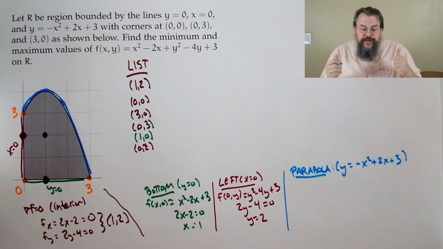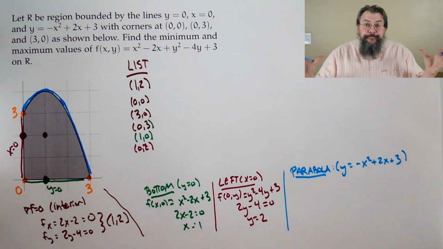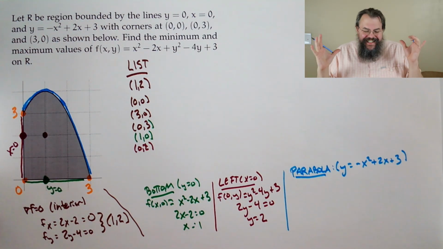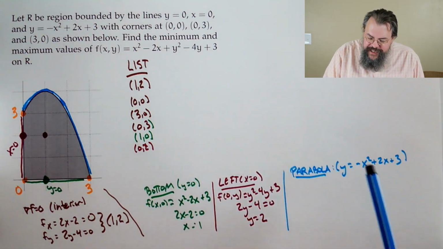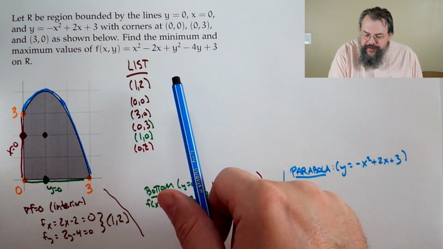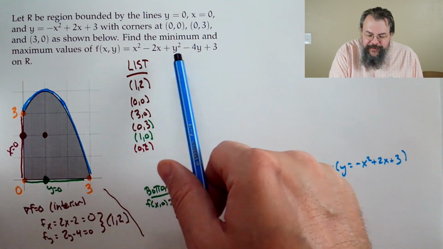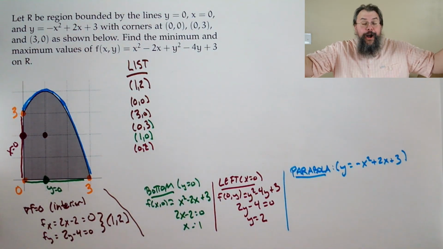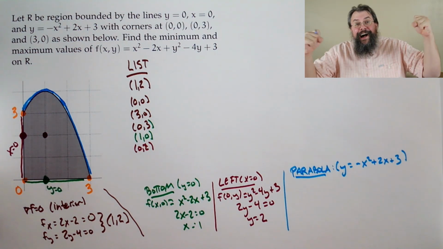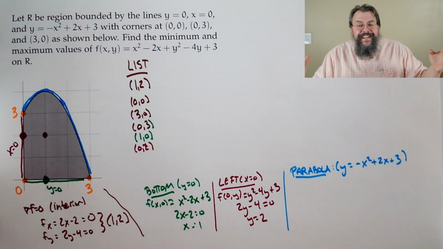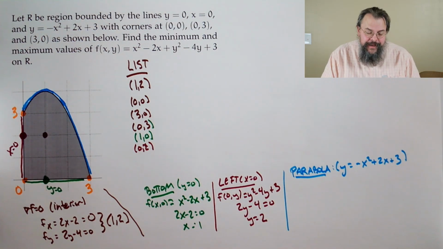Now, one thing we could do if we were crazy is you could say, perfect, just plug in minus x squared plus 2x plus 3 for y and expand, and then you get a fourth degree polynomial, and wow, it could actually work.